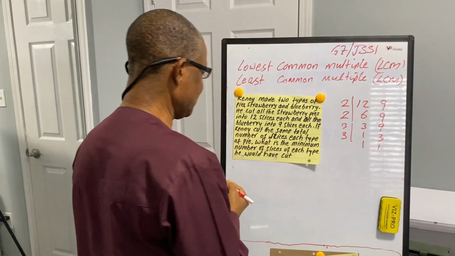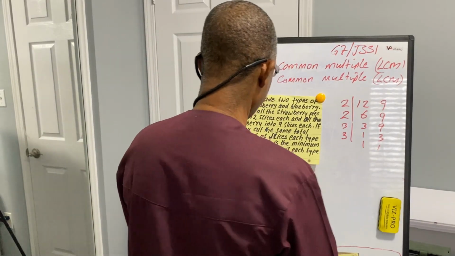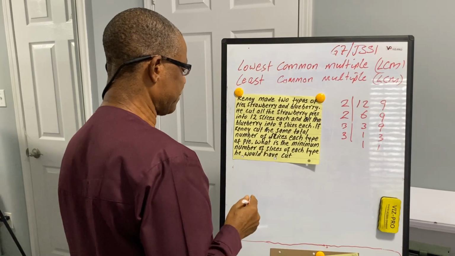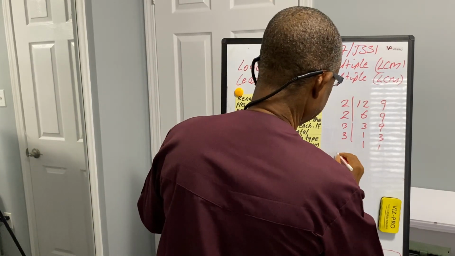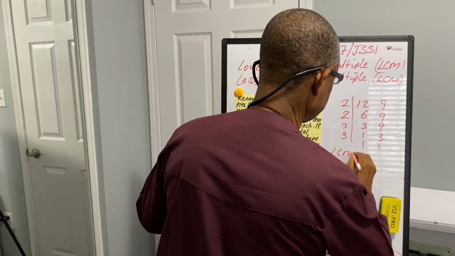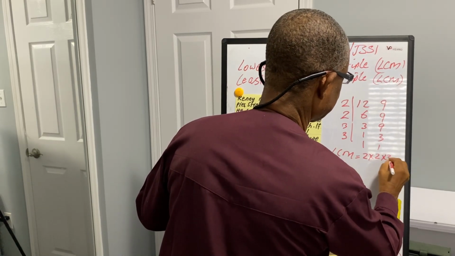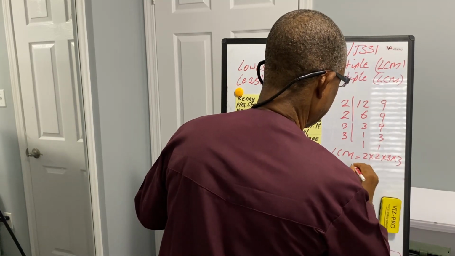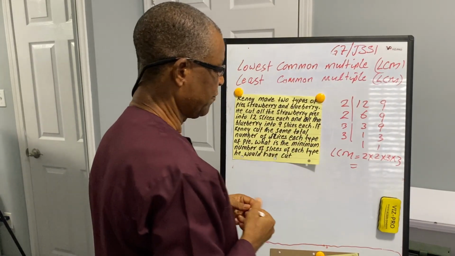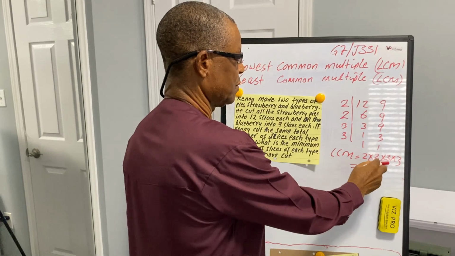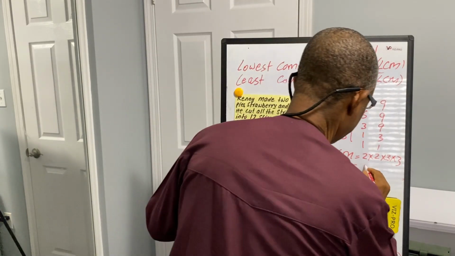So the minimum number of slices of each type he will cut, we call LCM, equals 2 times 2 times 3 times 3. And 2 times 2 is 4. 4 times 3 is 12. And 12 times 3 is 36.